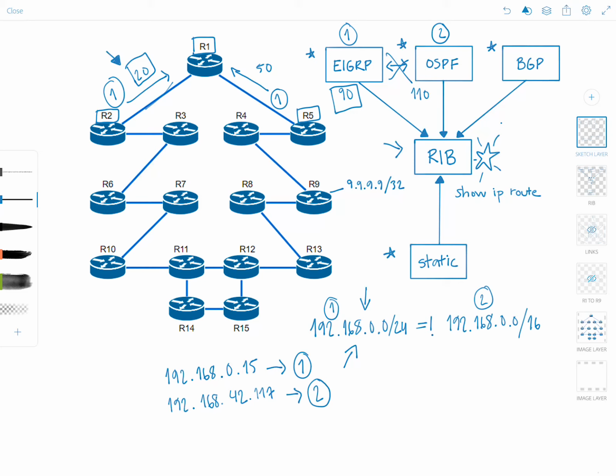But to summarize, there are two different things really that we've discussed here: how the routing table is built and how packets are forwarded. The latter one is maybe easier to internalize. Packets are always forwarded based on the longest prefix match.